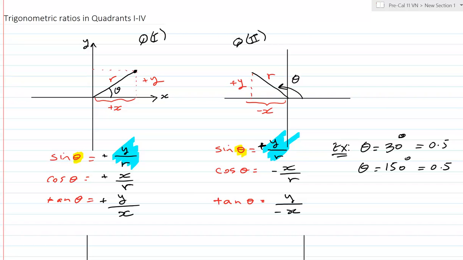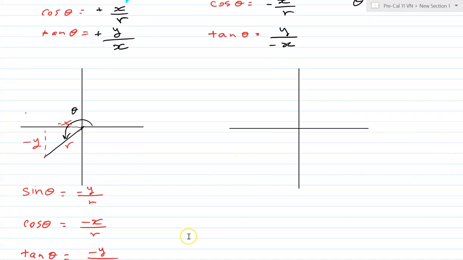So that means that if you have a ratio of 0.5 for sine, that would give rise to two different possible angles for that same ratio. And that is true for almost all of these quadrants, all of these angles. Okay, I just want to make sure that you see that as an actual tangible example.